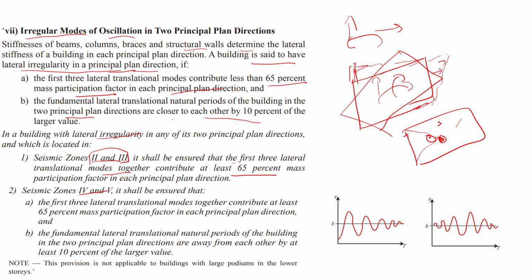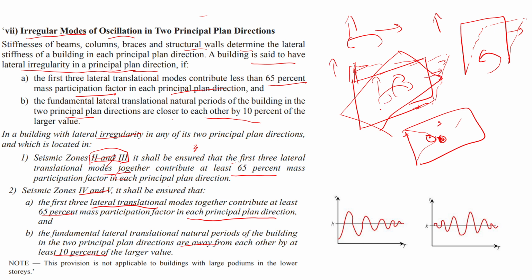If the zone is 4 or 5, it shall be ensured that the first three translation modes together contribute at least 65% in each principal plan direction, and the fundamental lateral translation natural period of the building in the two principal plan directions are away from each other by at least 10% of the larger value. What does this mean? For example, there is a building, and how much time it takes for the first movement like this, then the other one, and then the rotation. So there are three things, right? First one is to the front, then to the side, then the rotation.